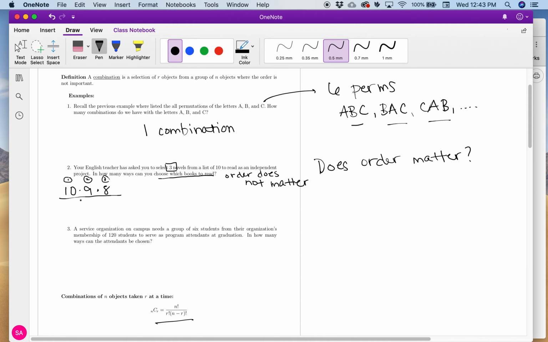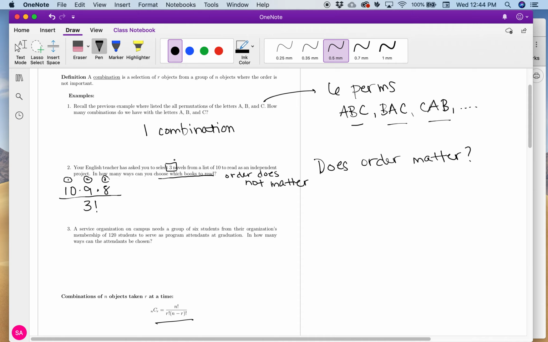But again, order does not matter here. You might have picked one of these books first, but that's no different from picking another book first. What matters is the 3 books you choose, not the order in which you choose them. So we divide by the number of objects you chose. We chose 3, and then make that a factorial. If we had only chosen 2 books, we would have 10 times 9, and then we would divide by 2 factorial.